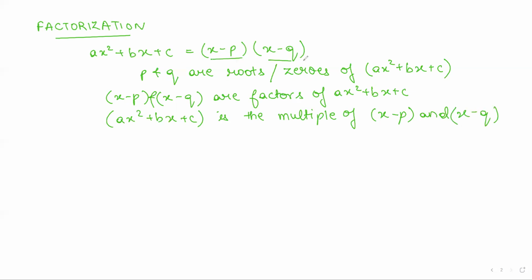Both x minus p and x minus q are linear polynomials. So you're representing a quadratic polynomial in terms of linear polynomials.